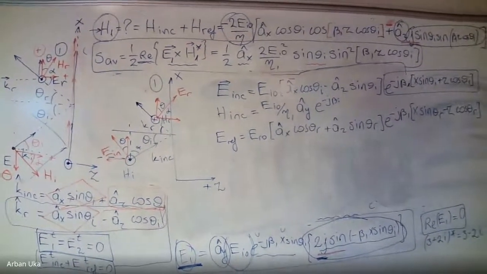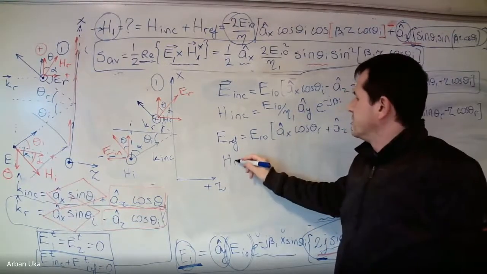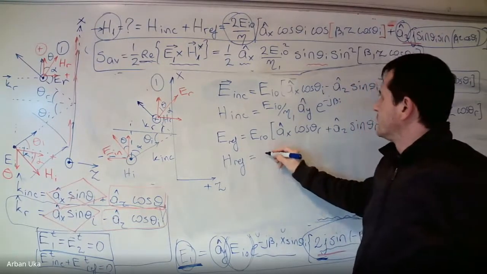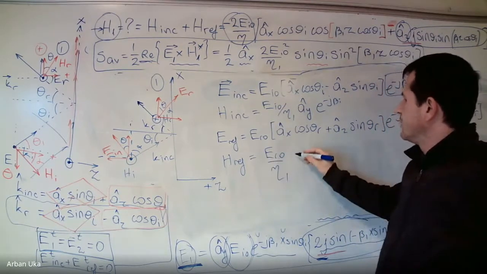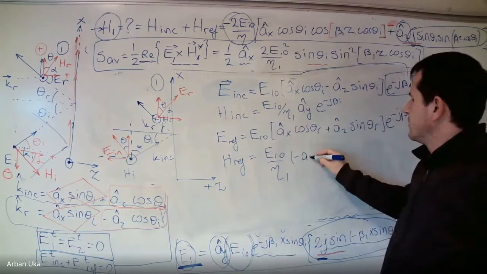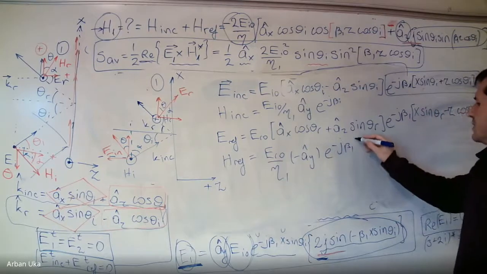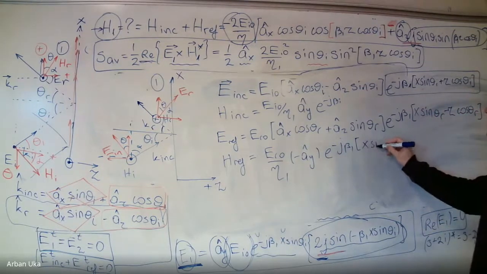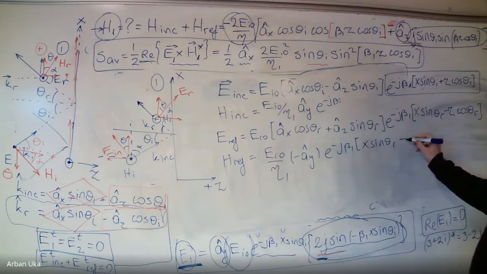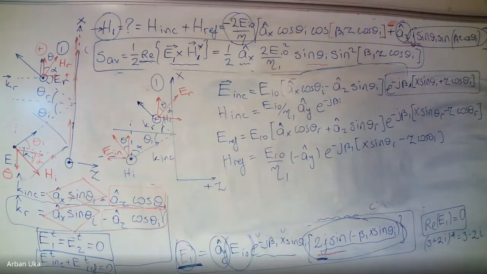Similarly, we have the reflected wave intensity divided by eta 1 times minus AY times e to the power minus j beta 1 times the space propagator, which is x sine theta R minus z cosine theta R, and this is what we get.